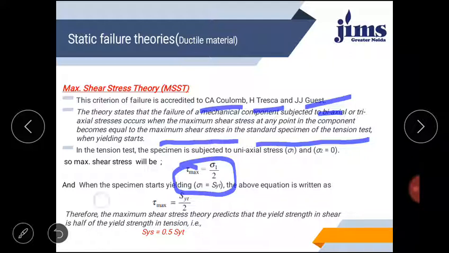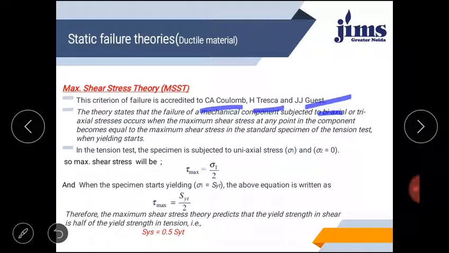And when the specimen starts yielding, the stress will be equal to the strength of the material in tension, the yield strength of the material in tension. So when the specimen starts yielding, we can write sigma 1 is equal to SYT.